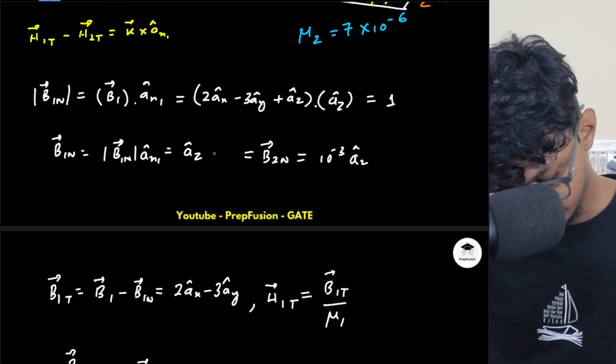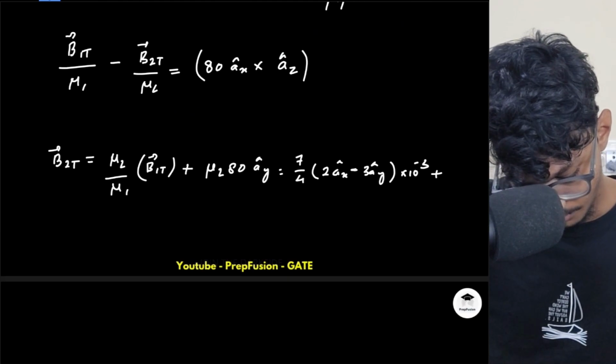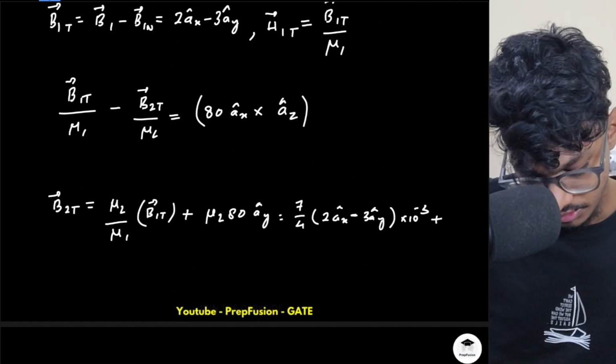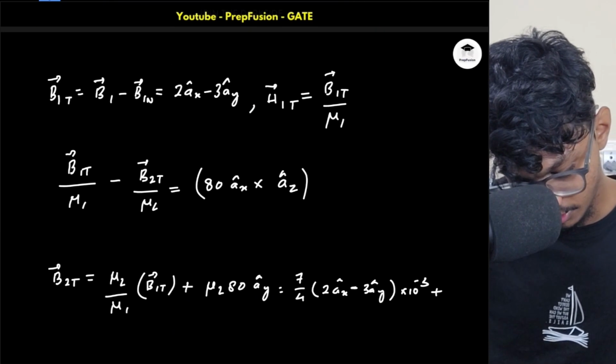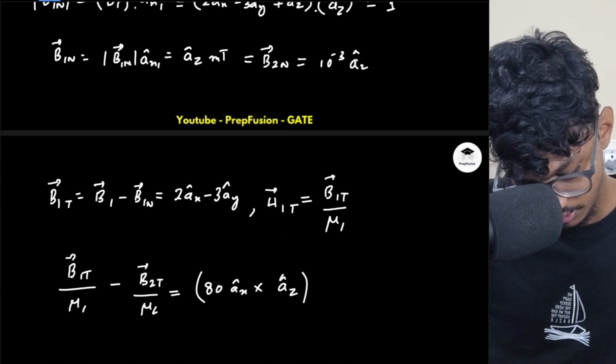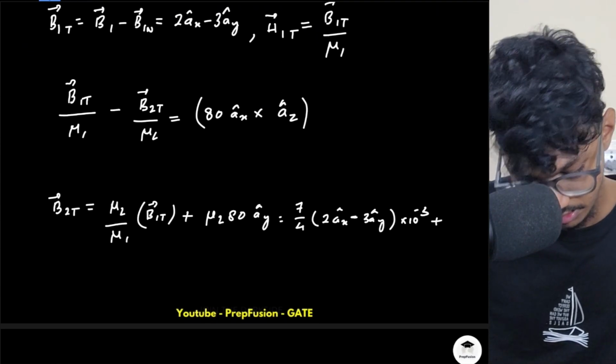This is in millitesla. So this becomes 7 into 10 raised to power minus 6, correct? 7 into 10 raised to power minus 6 into 80.